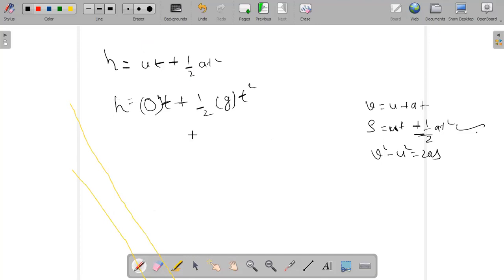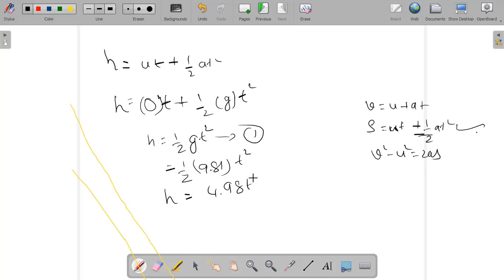So h is equal to 1 by 2 g t square. We consider this as equation 1. The value of g is 9.81, a standard value, so h will be 4.98 t square. This is the time taken to travel the total distance.